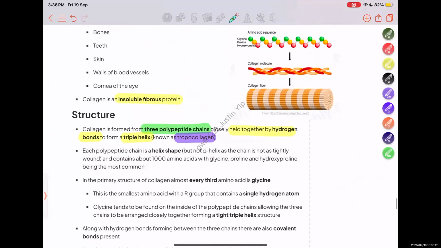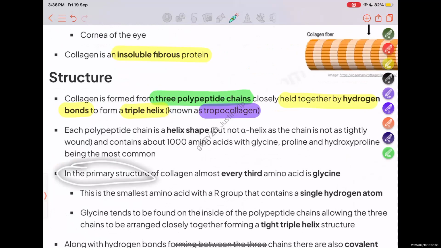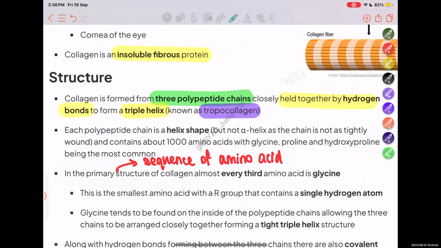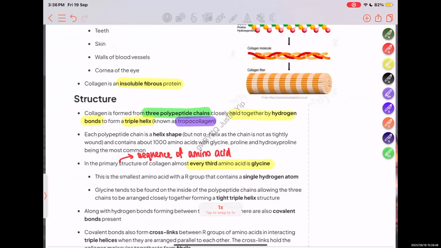In the primary structure of collagen, remember the primary structure is actually our sequence, the sequence of amino acids. So almost every third amino acid is glycine.